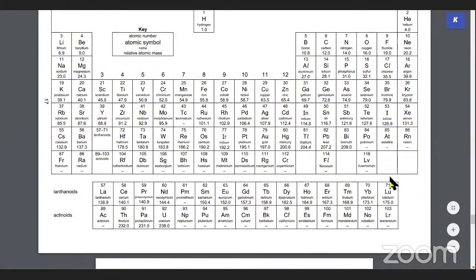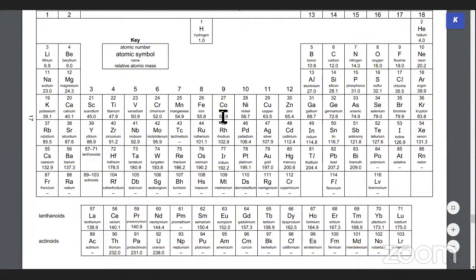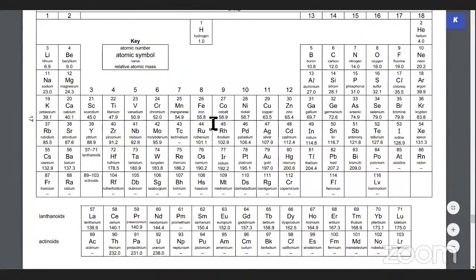So even in your working, you have to get these values correct. Fe on average, we usually take it as 56, but the exact value is 55.8. So even in your working, you go with the exact value. For example, if you're doing Mg by memory, you would know that it's 24, but the exact value is 24.3. So make sure you use the exact value. So this one is 55.8.